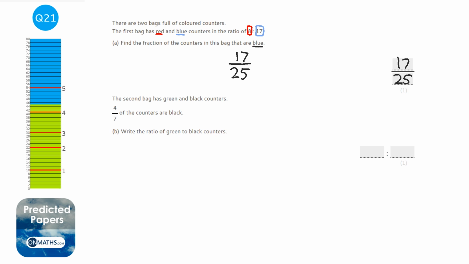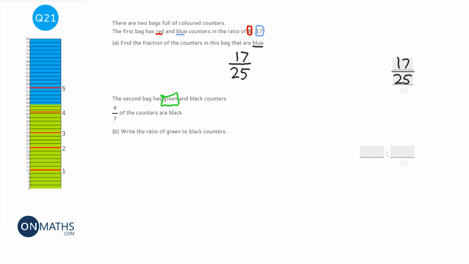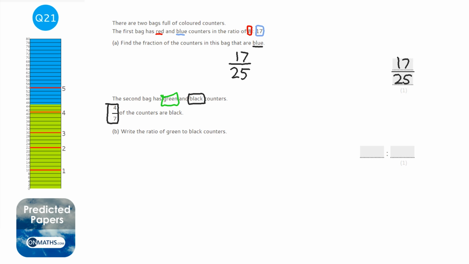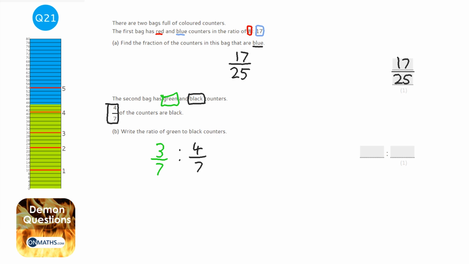Okay, the next one asks us to work the other way. So we've got green to black counters, and there's that fraction that are black. So there's a couple of ways of doing this. I could write down them as fractions actually. So why don't I try that? So we know that there are 4/7 that are black, and we know that there are only green and black, so there must be 3/7 that are green, because it has to add up to 7/7, which is 1.